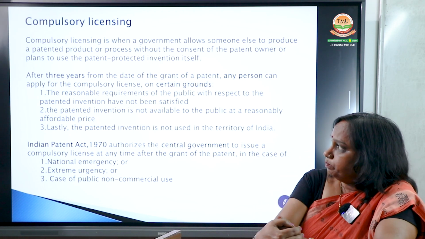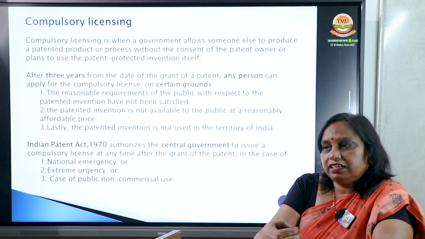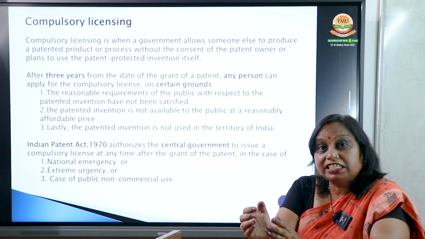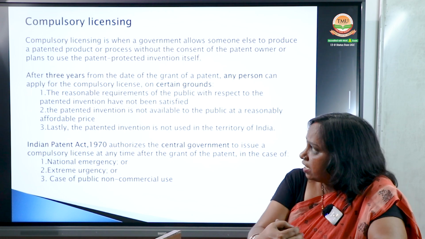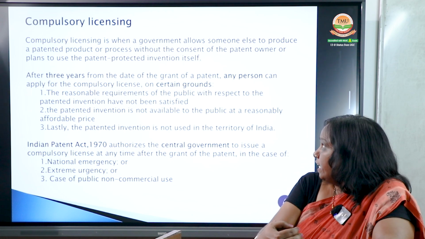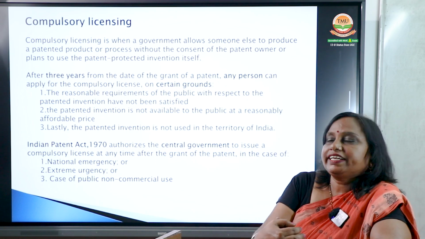So, this compulsory license can be available within a period of 3 years of the grant of the patent. Here, after 3 years from the date of the grant of the patent, any person can apply for the compulsory license on the following grounds.